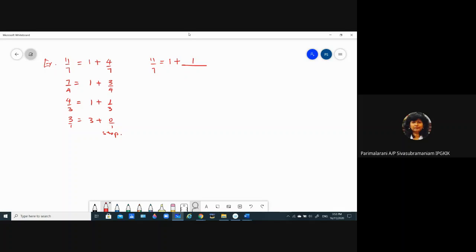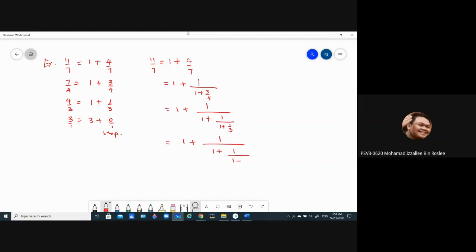You can write it like this also: 1 plus 4 over 7, so this is 1 plus 1 over 7 over 4, which is 1 plus 1 over 1 plus 3 over 4, equal to 1 plus 1 over 1 plus 1 over 1 plus 1 over 3.